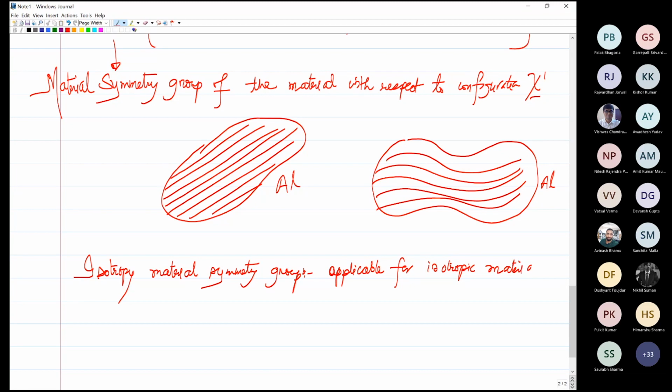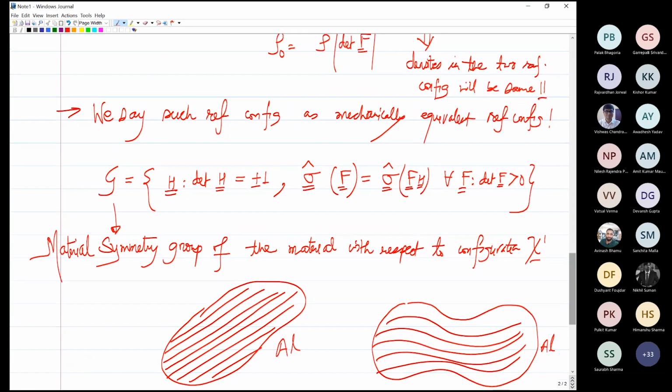Anyone, can you guys tell me? So look at this definition and tell me, what do you think? What will be those sets of H which will be in the material symmetry group of isotropic material?